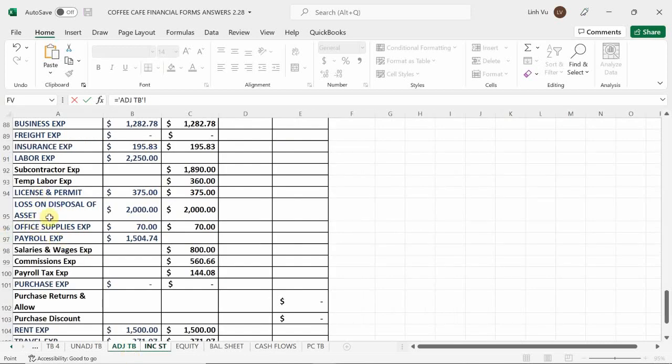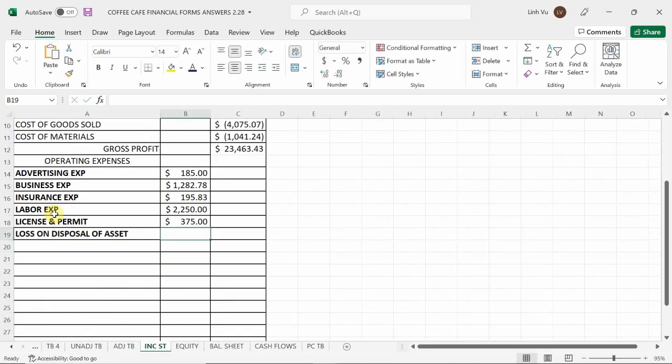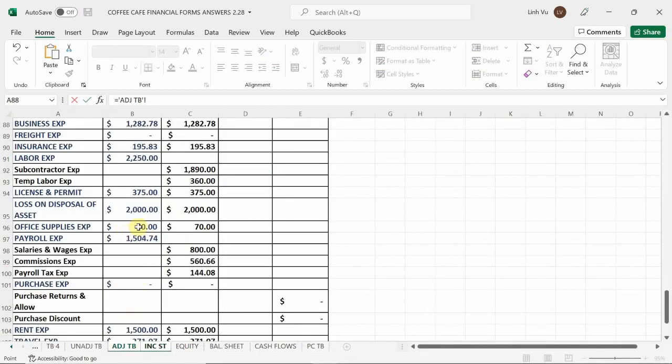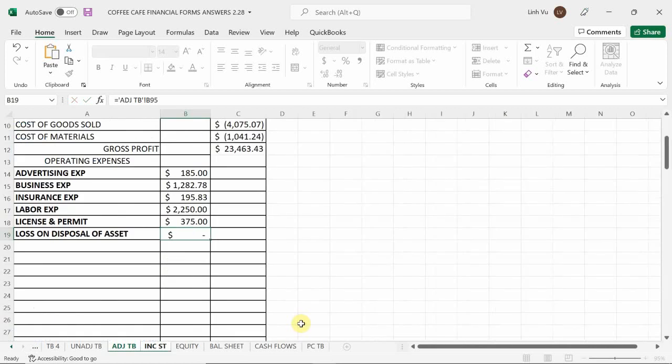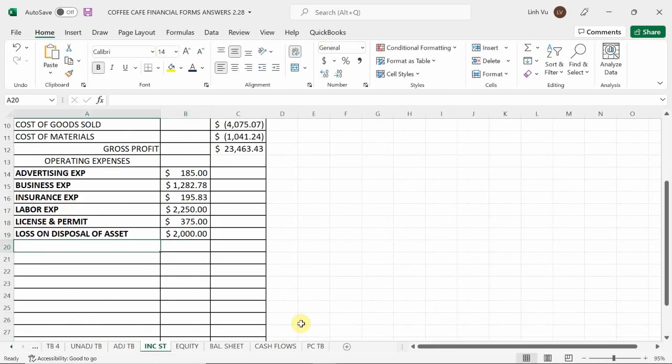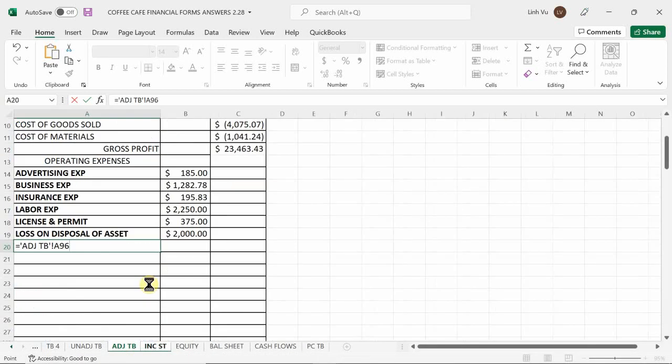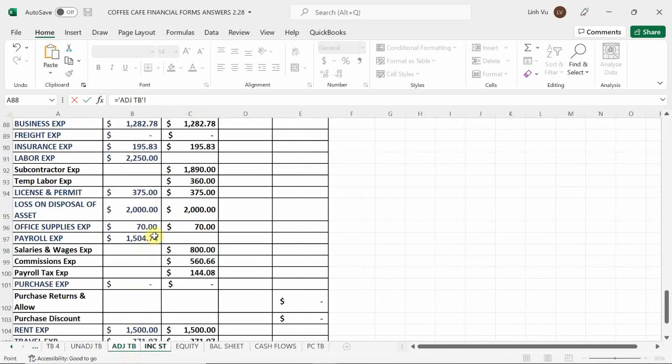So in this case, I incurred a loss of $2,000. Okay. I also end up using a bunch of office supplies, right? That's the next account, office supplies expense. Okay. I also end up using $70 worth of my office supplies. Okay.